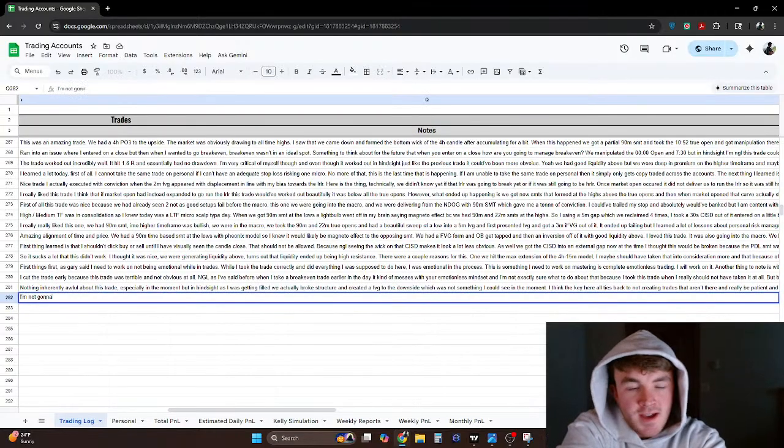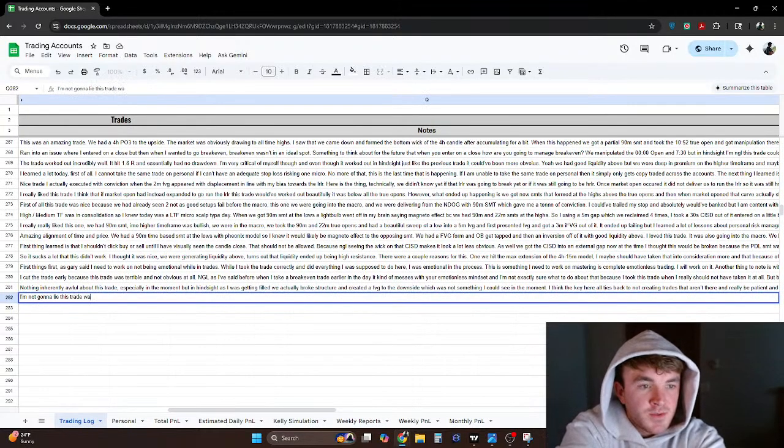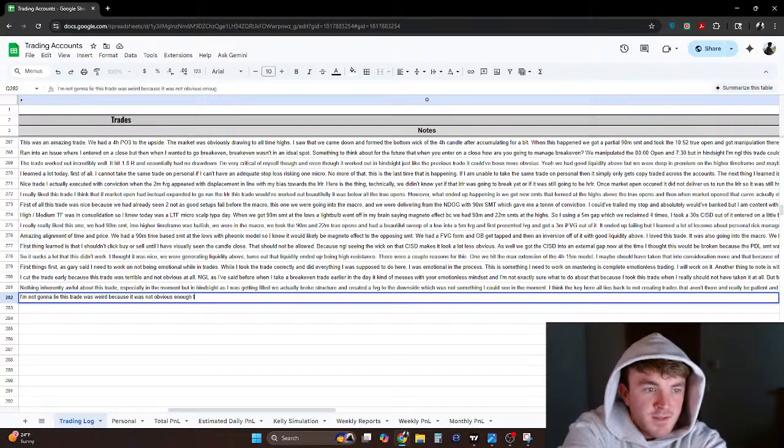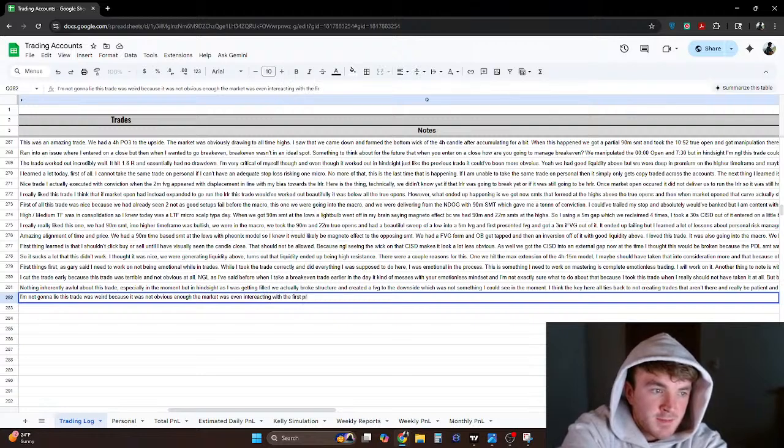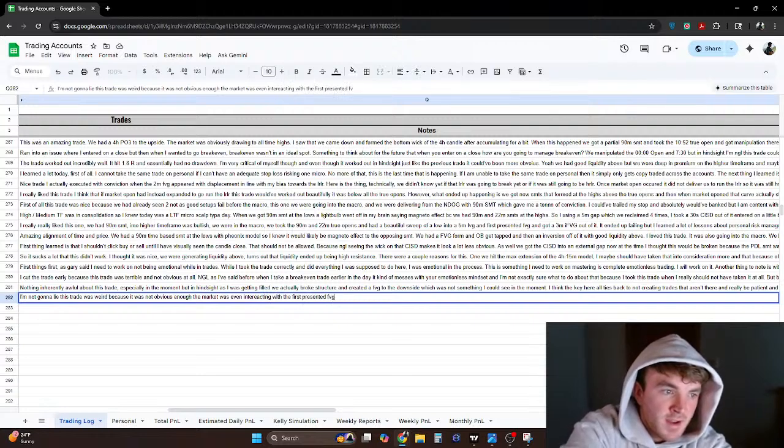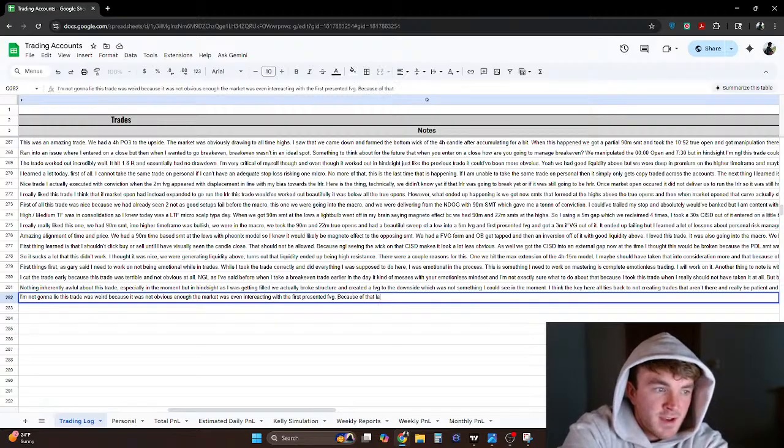Okay, I'm not gonna lie. This trade was weird because it was not obvious enough that the market was even interacting with the first presented fair value gap. Because of that alone, that was reason to not take it.